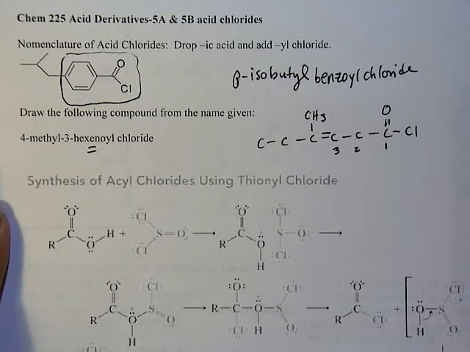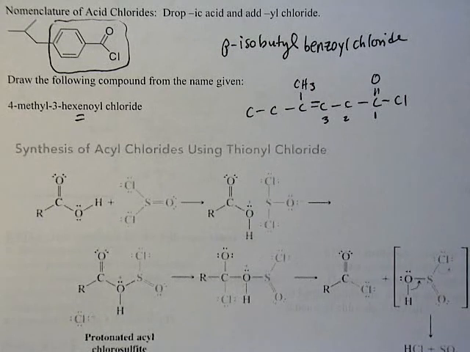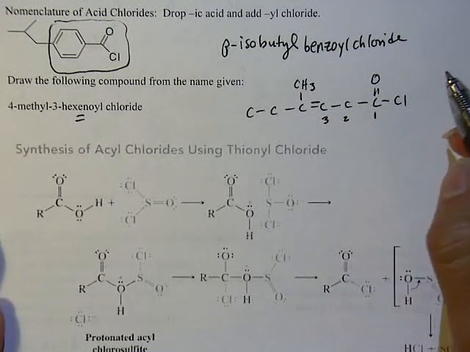So the next thing you need to know is how you would prepare acid chlorides. You haven't had this before, and this is a pretty useful reaction because acid chlorides are so reactive. A lot of times we prepare them in lab so that you can react them with a nucleophile, which is a very, very quick reaction.